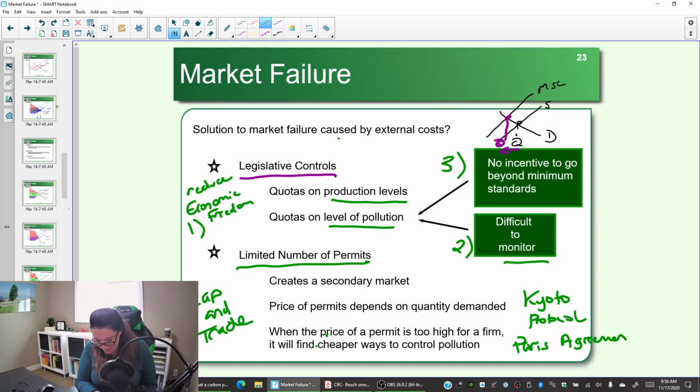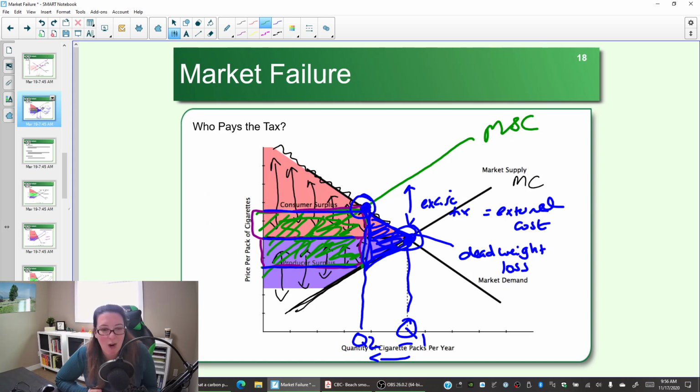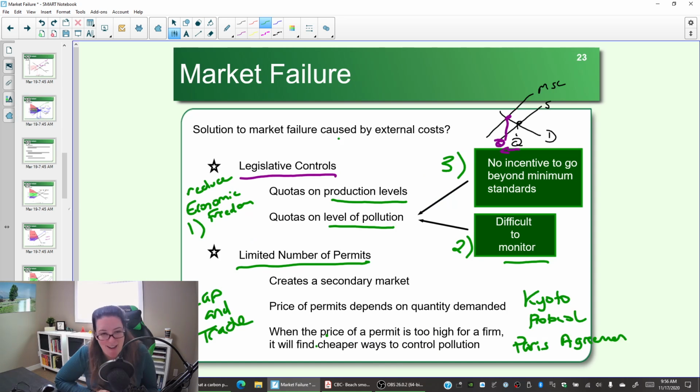Option number 1, a carbon tax. Option number 2, cap and trade. And in fact, within each country, you could choose cap and trade or carbon tax. And in Canada, when we signed the Paris Agreement, we had some provinces like Ontario do cap and trade and other provinces do the carbon tax.